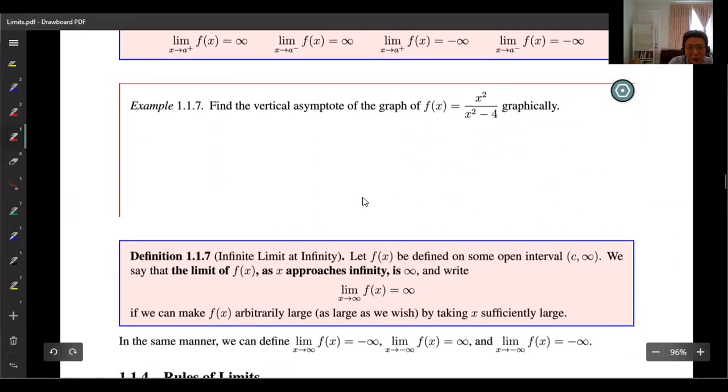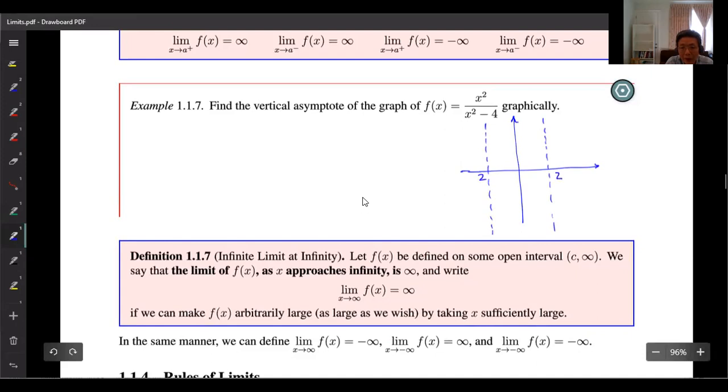If you look at this graph, use a calculator for now. Just graph it. We use only a graphical approach here to introduce the concept. You can use a graphing calculator to double check. This is 2, this is negative 2.